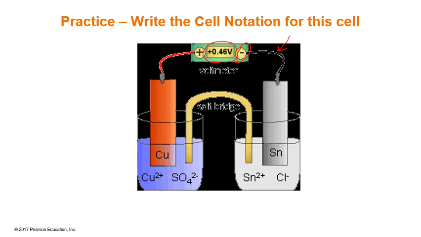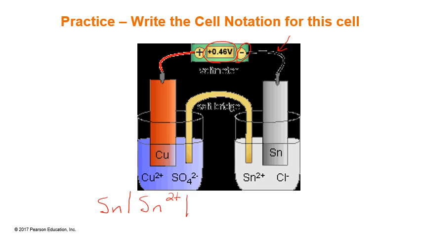So we're going to start by writing the solid electrode, followed by a straight line representing our phase transition from the solid into the solution. And the part that is taking part in our electrochemical cell is the tin 2+ in the solution.